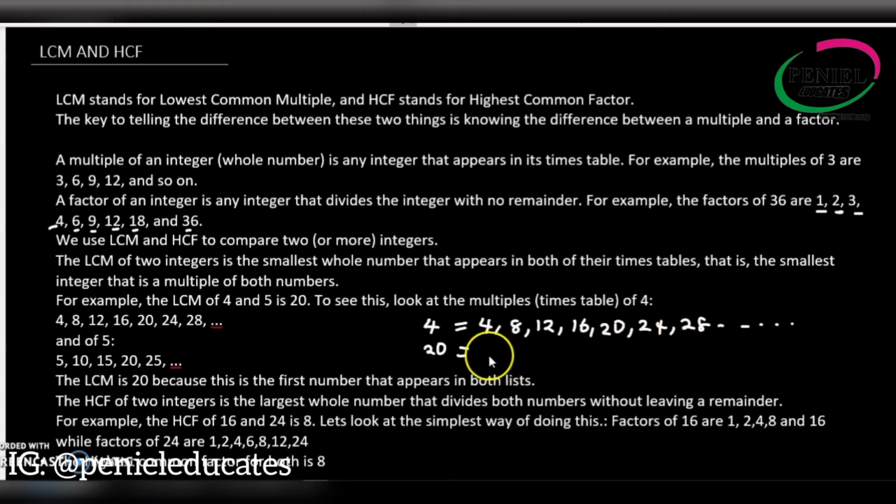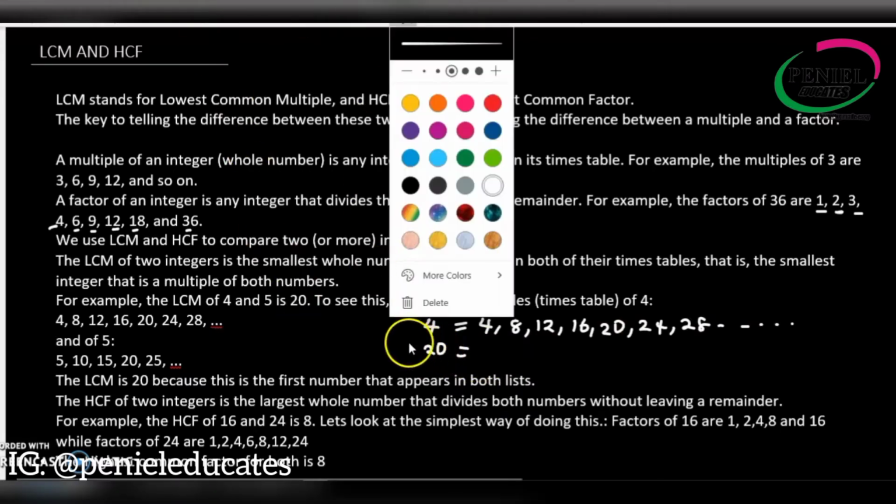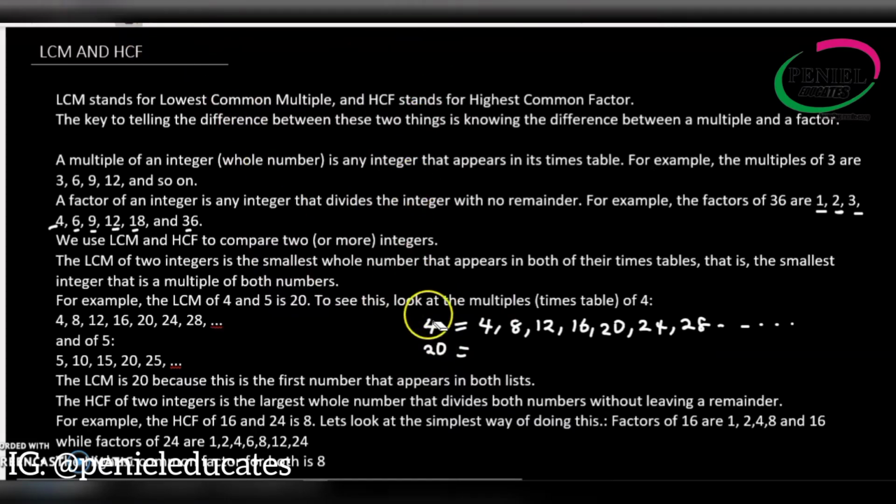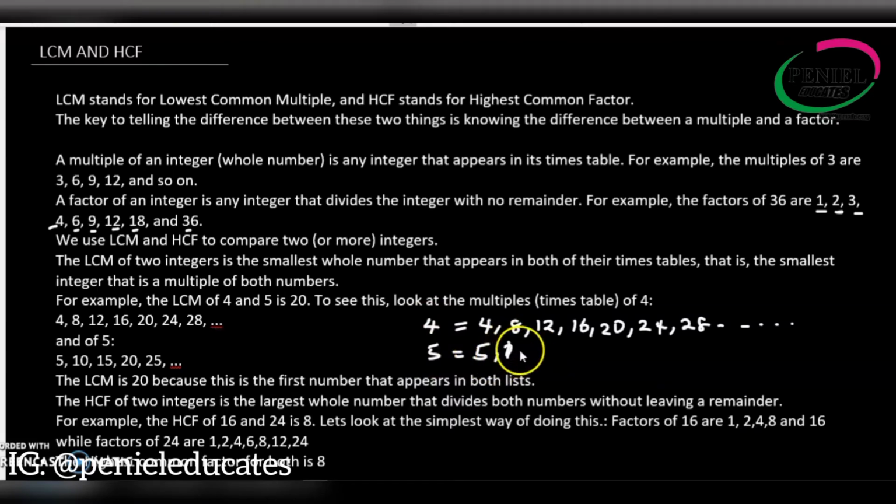Then the multiples of 5: we'll start with 5, then 10, plus another 5, 15, another 5, 20, another 5, 25, another 5, 30, on and on like that.